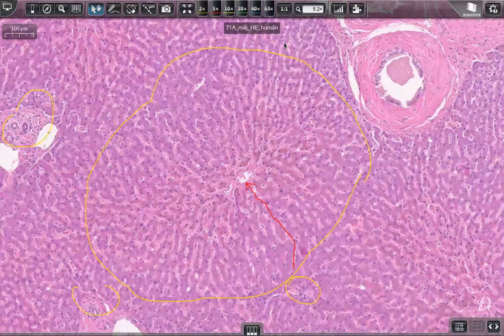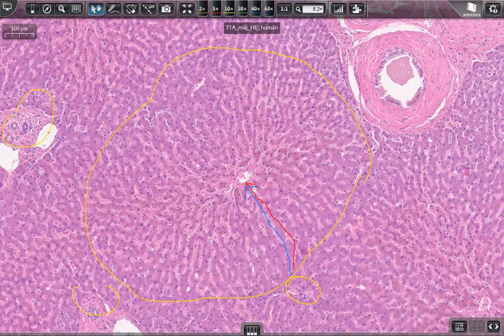The portal vein, so the venous structure here is the interlobular vein, also lets the blood get into the sinus system toward the center. So the blood goes from the periphery to the center, to the central vein.